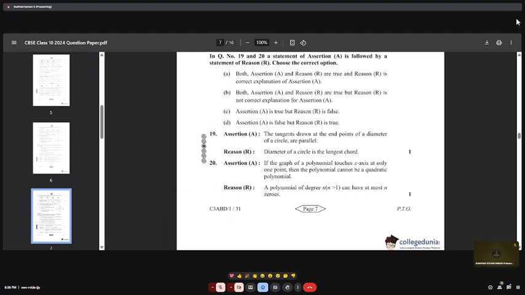Even in a quadratic equation, sometimes you will have only one solution. That is, the two solutions are equal. That means when b square minus 4ac equals 0, then the two solutions will be equal. This is called the discriminant.